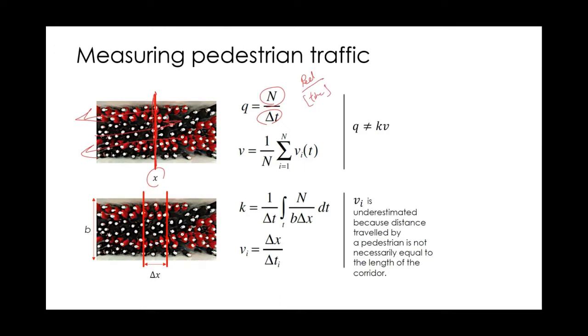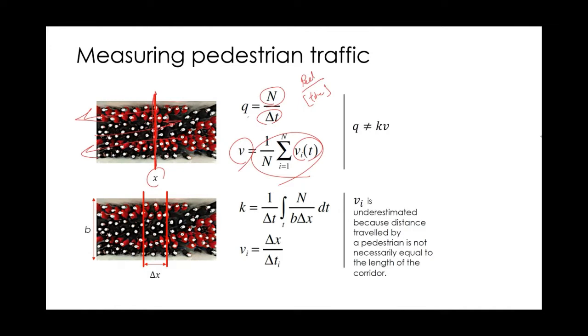How can I calculate the speed here? I can look at instantaneous speeds and take an arithmetic average. So for any pedestrian that crosses this line, if I measure the instantaneous speed of that pedestrian, v_i, and if I just take the arithmetic mean of it, that would give me the average speed of the pedestrians.